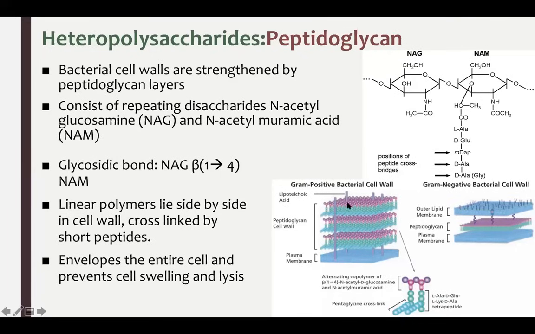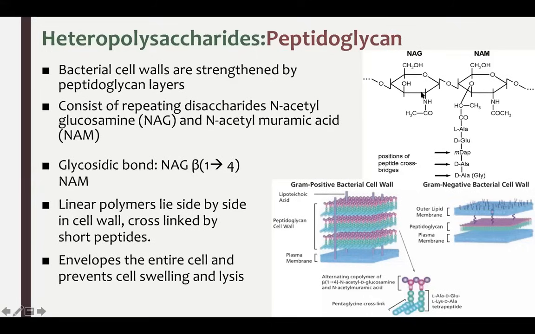This cell wall is made up of a peptidoglycan layer. In this peptidoglycan layer, there are some heteropolysaccharides, and here you can see the structure, that N-acetyl glucosamine and N-acetylmuramic acid. So we can name them shortly NAG and NAM.